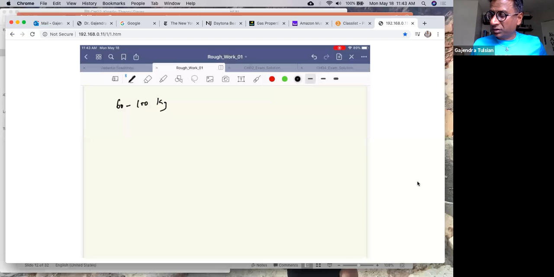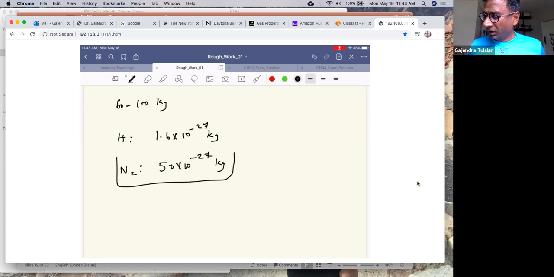The mass of a hydrogen atom is 1.6 times 10 to the minus 27 kg. If you take a nitrogen molecule, it's 30 times that, so about 50 times 10 to the minus 27 kg. So an air molecule is very, very tiny.